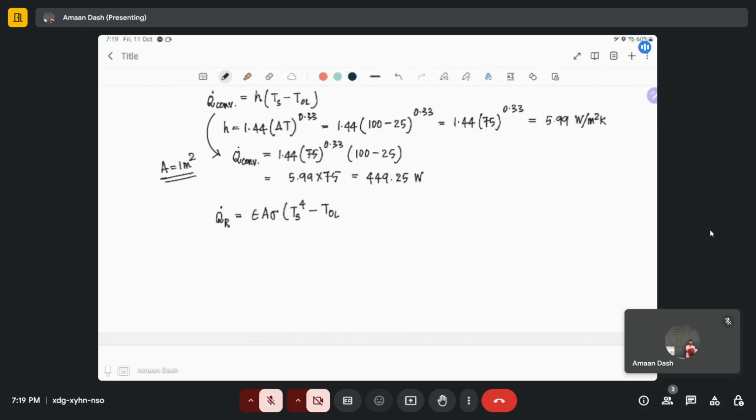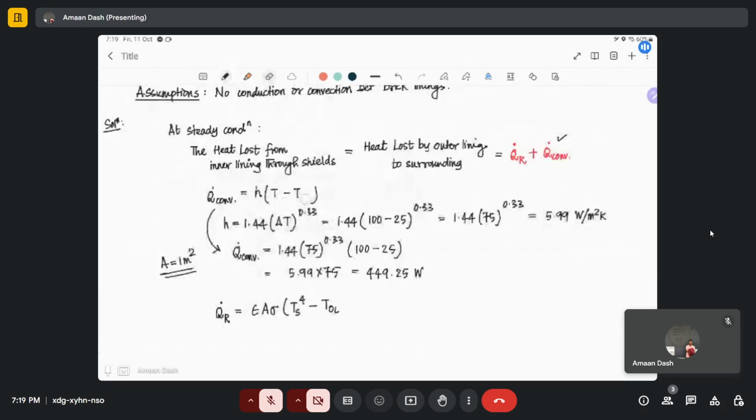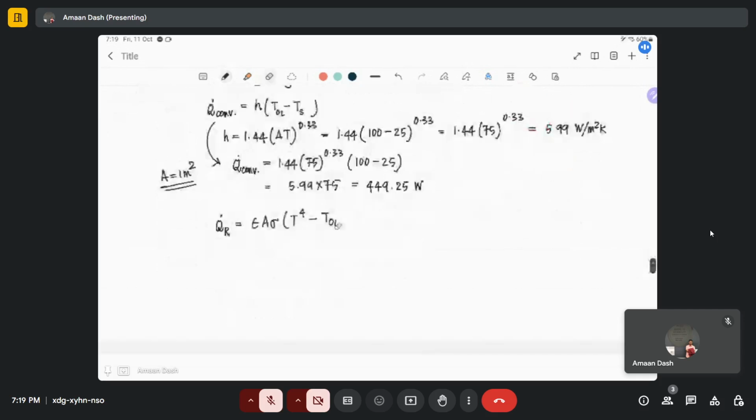So we can write it as 1.44 times 75 to the power of 0.33. So now we can calculate Q dot from convection. Q dot of convection is equal to 1.44 times 75 to the power of 0.33, and this Ts minus To is again the same, 100 minus 25.